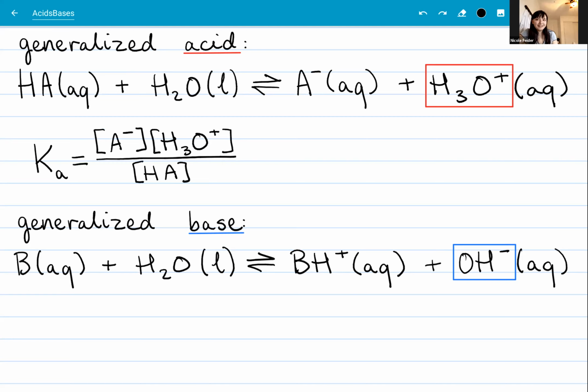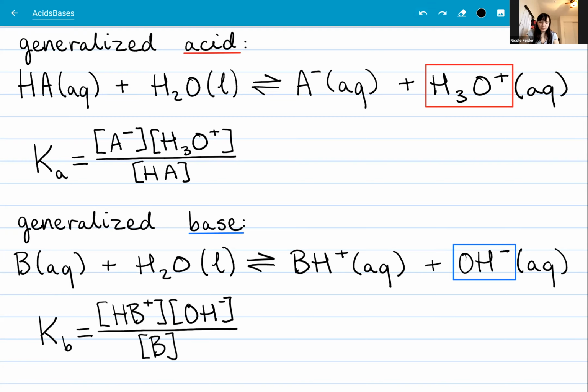Remember that liquids and solids don't contribute to the equilibrium expression, so that's why we don't have an H2O term in the Ka expression. Likewise, the equilibrium constant for bases, Kb, is drawn here.